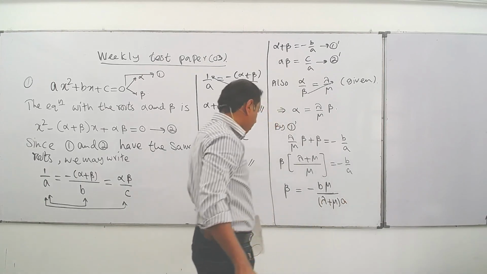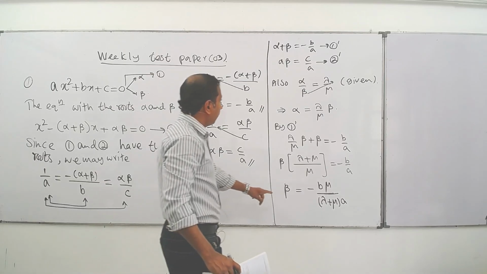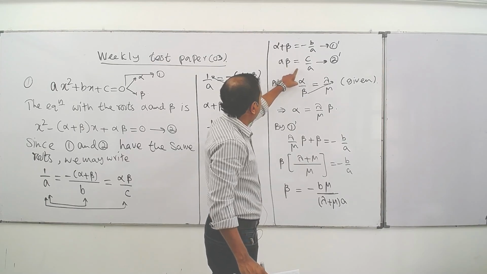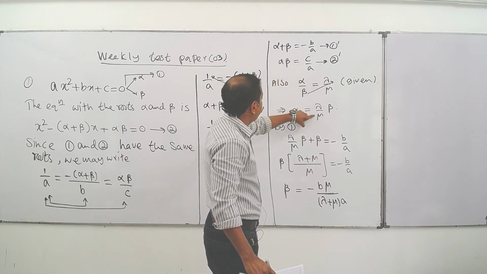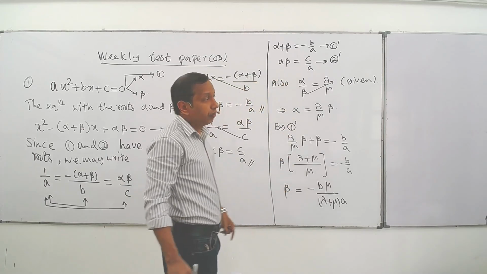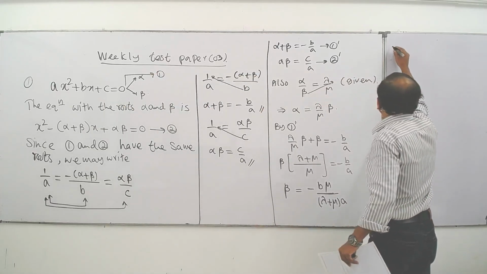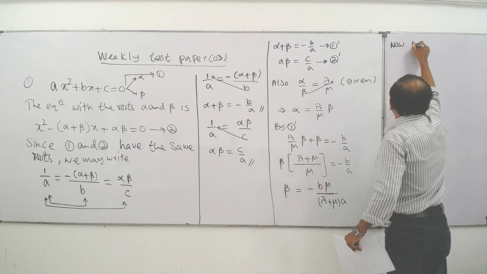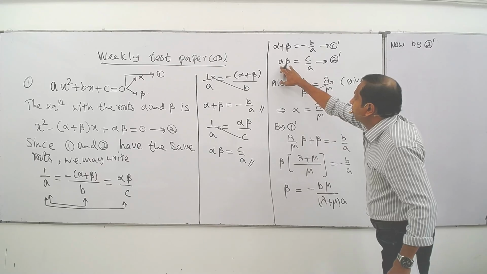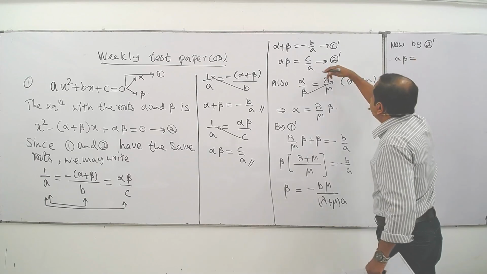Now what we next do with this beta is use 2 dash, where we substitute for alpha and beta. Now by 2 dash, what can we say? Alpha beta is c upon a.